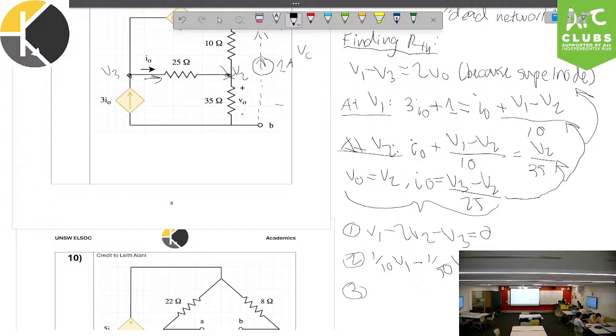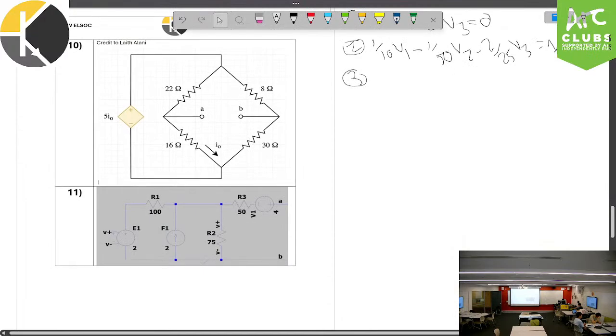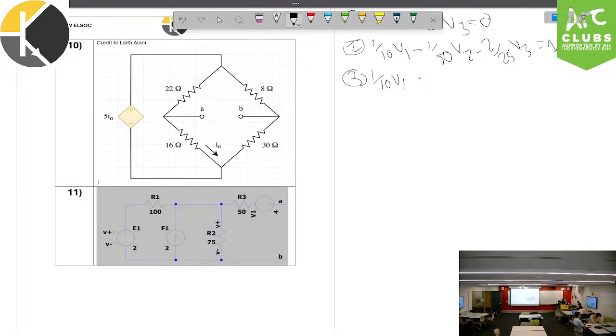And then our third equation becomes, let me just scroll down a bit, 1 on 10 V1 minus 59 on 350 V2 plus 1 on 25 V3, and that's equal to 0.